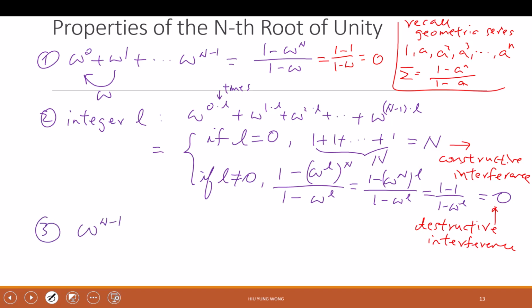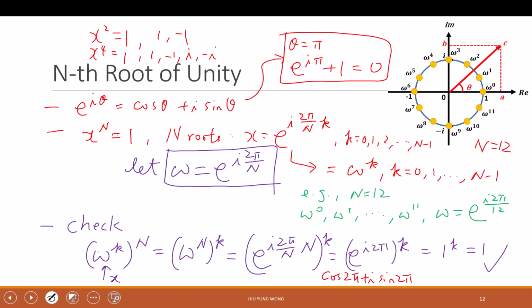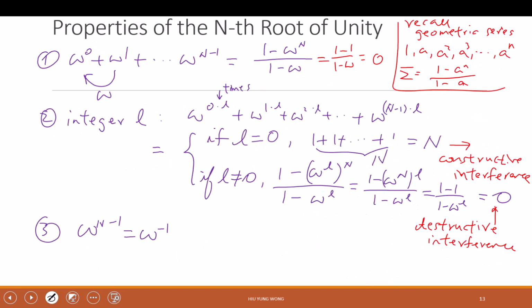Omega to the power n minus 1 equals omega to the power minus 1. And it's not difficult to understand. Omega to the power n minus 1 is the same as going clockwise, which is minus 1. Okay, but what does it mean, right? How do we prove it?